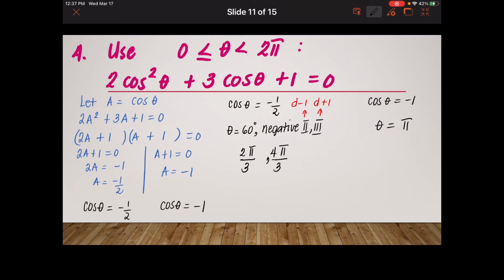And then we just write our final answer. We have to combine the two angles. So I'll start with 2 pi over 3, and then pi, and then 4 pi over 3. So this will be my solution set.